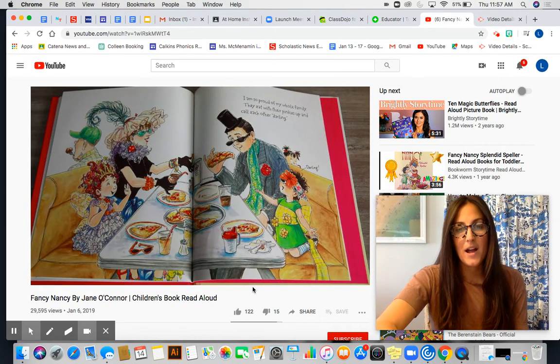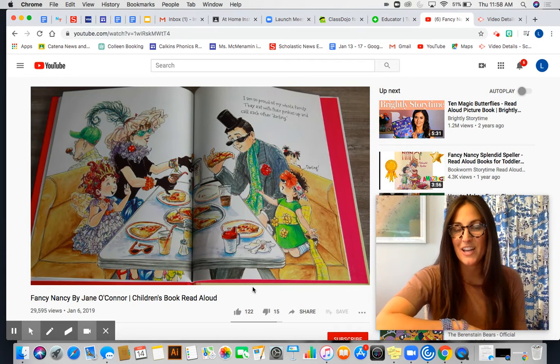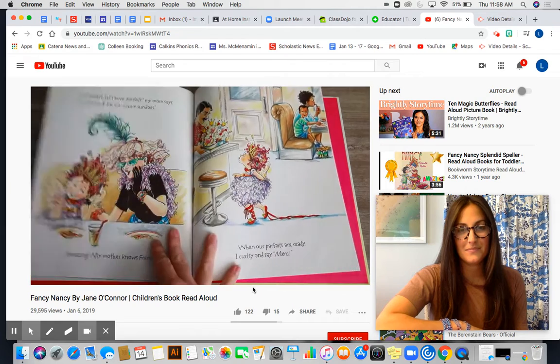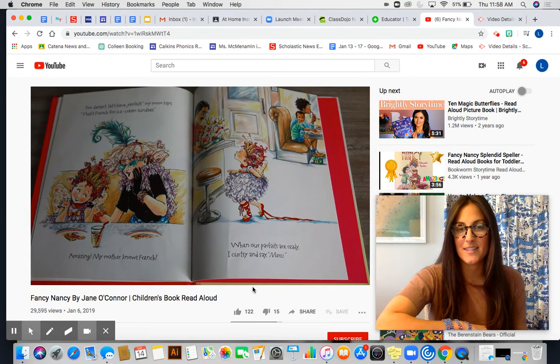I am so proud of my whole family. They eat with their pinkies up and call each other darling. For dessert, let's have parfaits, my mom says. That's French for ice cream sundaes. Amazing! My mother knows French. When our parfaits are ready, I curtsy and say, Merci.